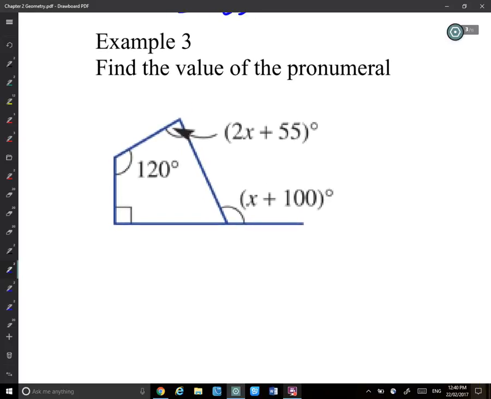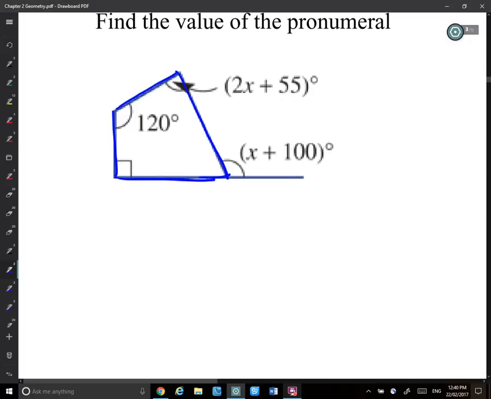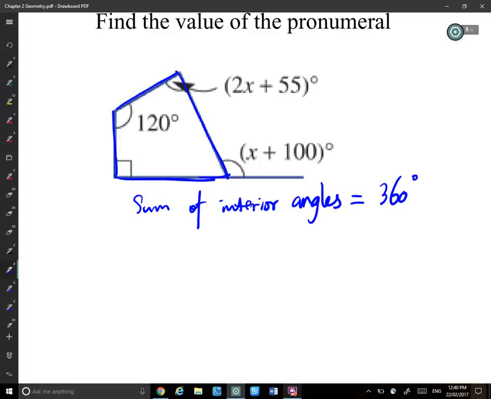So now we have, what shape is that? 1, 2, 3, 4. We have 4 sides, that's a quadrilateral, so the sum of interior angles equals 360 degrees. Everything adds up to 360 degrees.